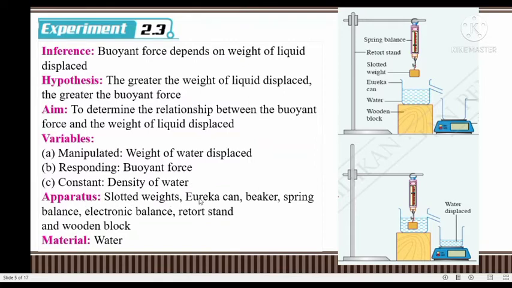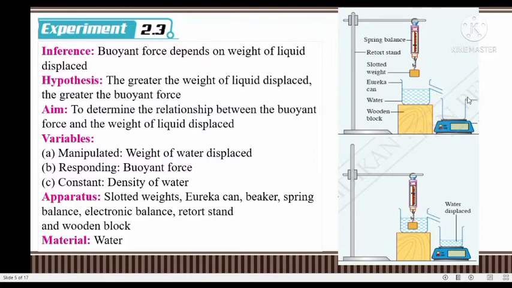Apparatus: slotted weights, eureka can, beaker, spring balance, electronic balance, retort stand, and wooden block. Material is water. Look at the arrangement of the apparatus. We have the first situation. Use the spring balance to hang the slotted weight, and record the reading. In the eureka can, put some water until it is about to pour out from the spout, meaning the maximum water that can be placed in it.